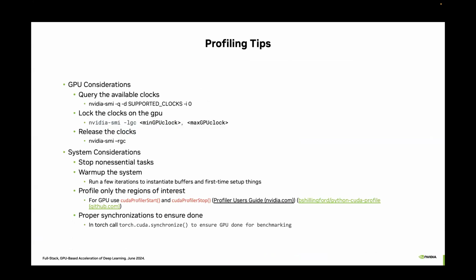I will say, when dealing with architecture, we do something called locking the clocks for comparing performance. For those that aren't aware, if your GPU gets hot, it slows down to prevent blowing itself up. So what you can do is tell the system, hey, GPU, lock the clocks. Don't use your algorithm to figure out what the clock should be, because here's the problem. If you run one model and the clocks aren't locked, and the algorithm says, based on my current temperature, I'm going to let the clock go up this high.